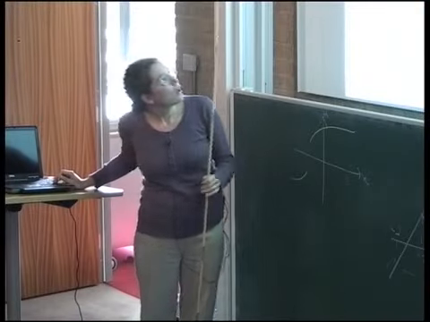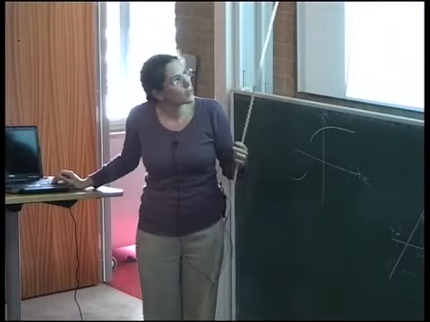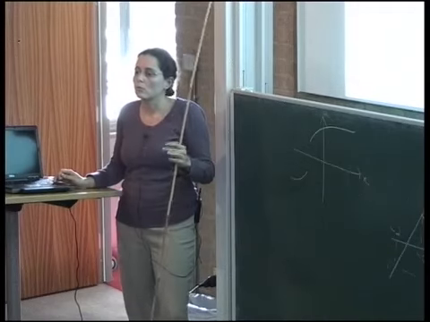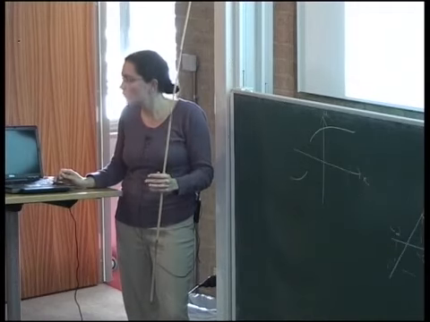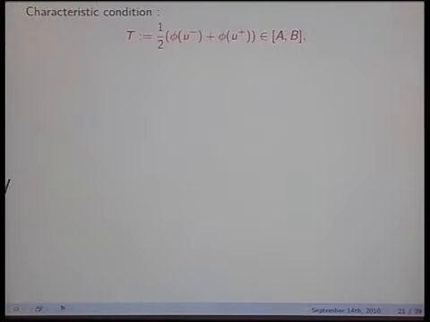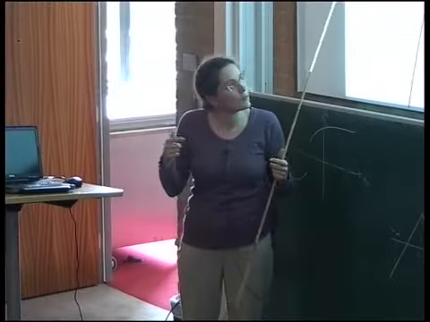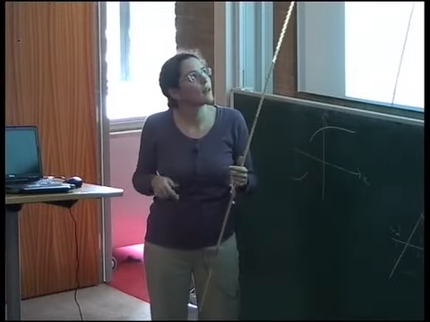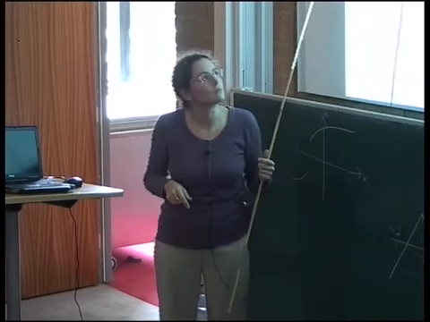So the characteristic condition that I told you about, to know whether the interface will be moving or not, is exactly this one in the symmetric simple case. Otherwise, you have some combination here of m plus and m minus, meaning the slopes of phi on the left hand and right hand stable regions.